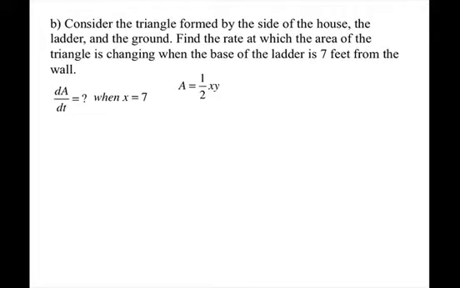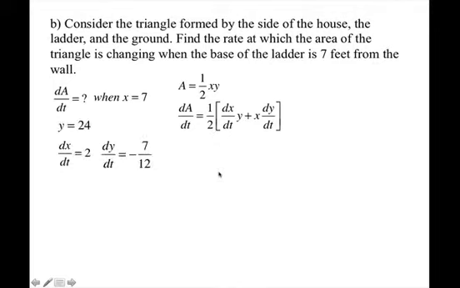I want to use the area formula of a triangle, half base times height, but I'm using x and y for my base and my height. I can take the derivative, and I'm going to have to use the product rule. I just kept the 1/2 outside of the product rule. If you want to distribute it through, you can.